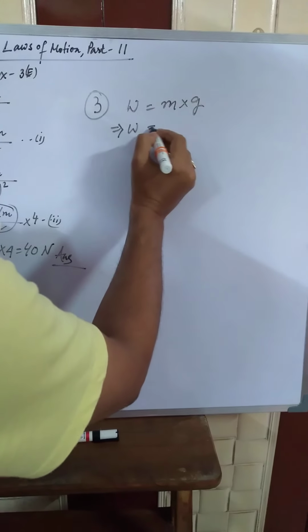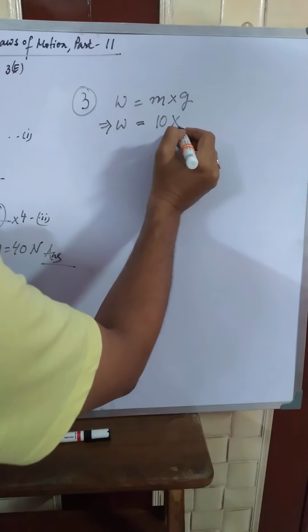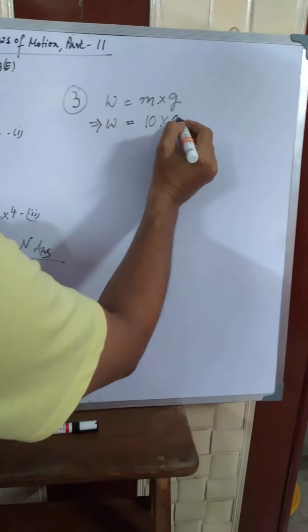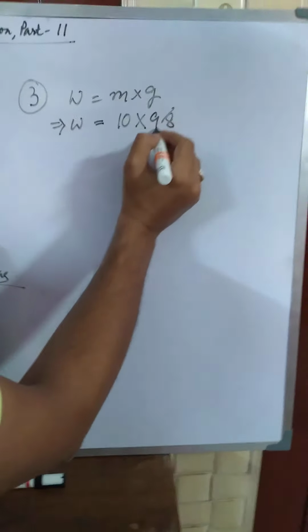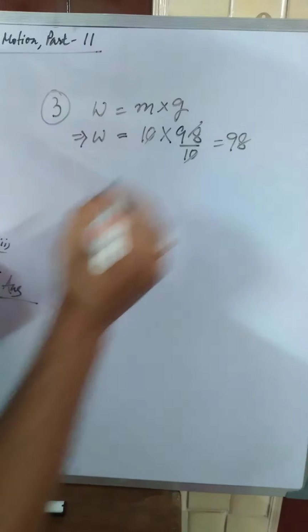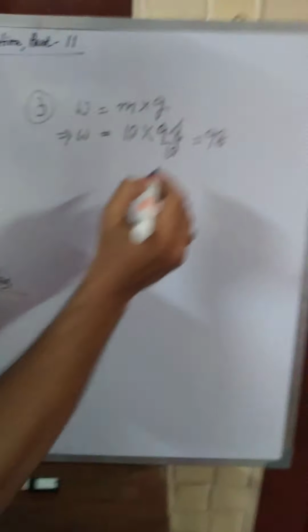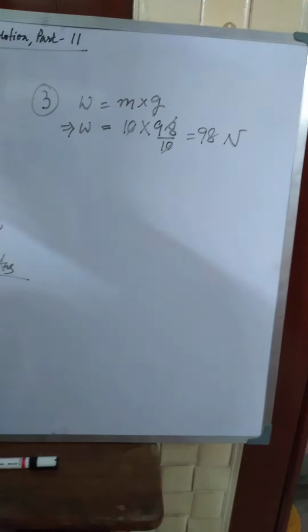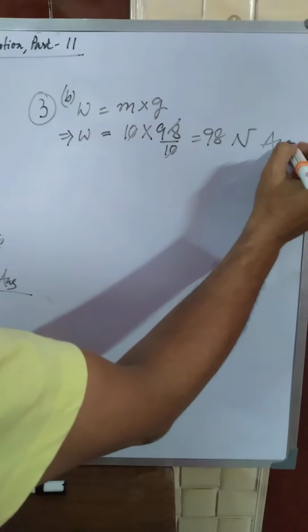The mass is 10 kilogram and g is 9.8. If you remove the decimal, it gives 98. What is the unit? 98 Newton. So this is the weight of the body in Newton, the answer of part B.